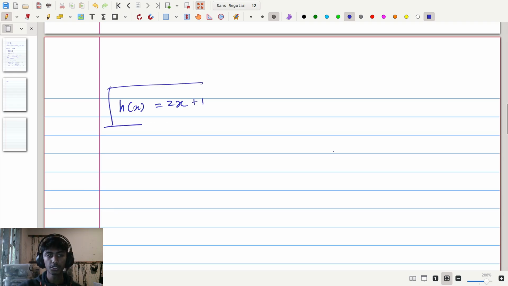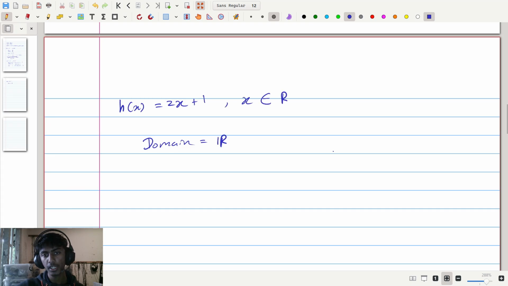If h(x) is the function 2x plus 1, and we allow the domain to be the real numbers, as in we say that x is an element of the real numbers, then if we plot this graph, we will clearly see that the range of this function is also the real numbers, and the codomain would also be the real numbers.